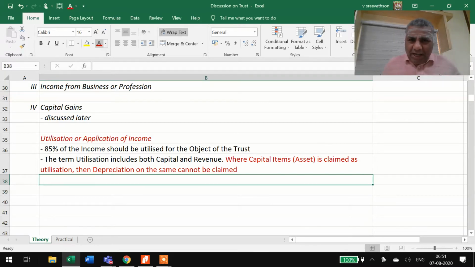When you claim the asset itself as deduction, subsequently you cannot claim the depreciation also as deduction.